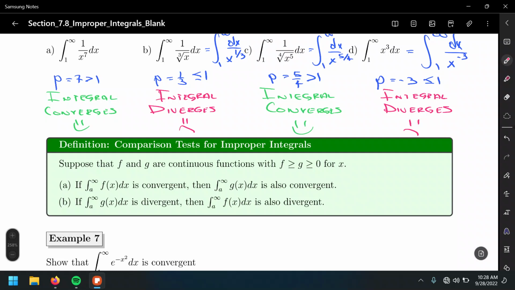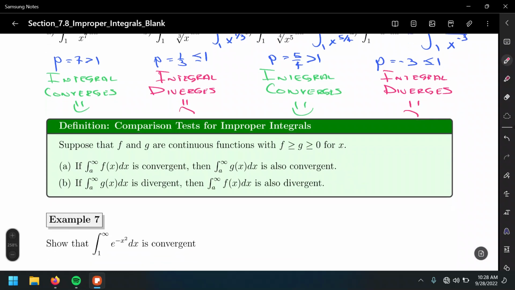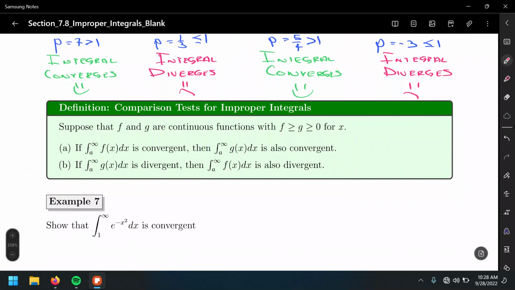So we're not actually computing the integral. We're using the information of some other integral that behaves similarly and has similar looks. Compare, and from there just decide, this integral converges because the other integral converges, or diverges because the test integral diverges.